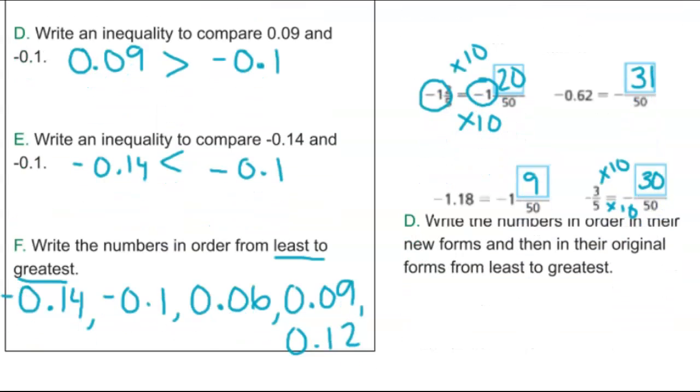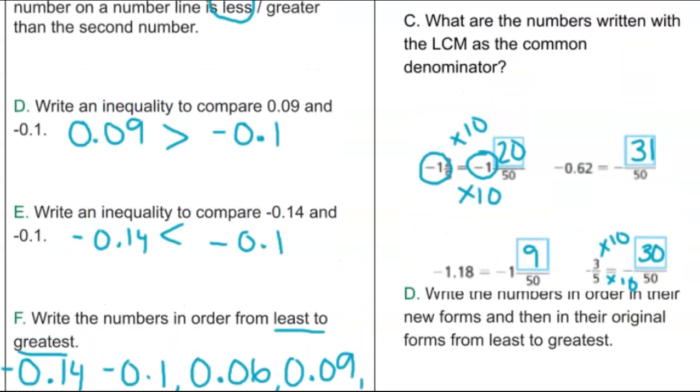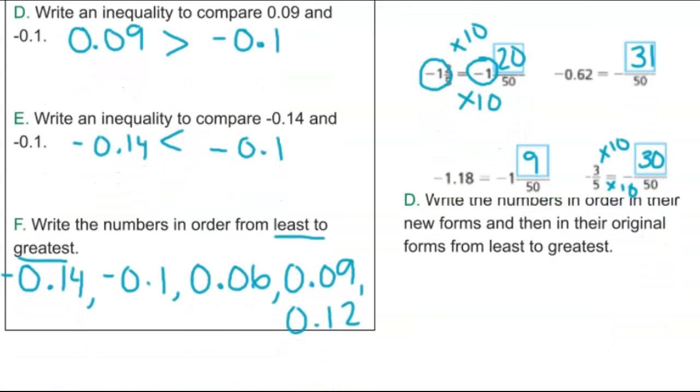Now, what they want you to do is write the numbers in order in their new forms, and then in their original forms, from least to greatest. So we have to do 2 things here. We're doing least to greatest, so the ones with a negative 1 in front are going to go first.